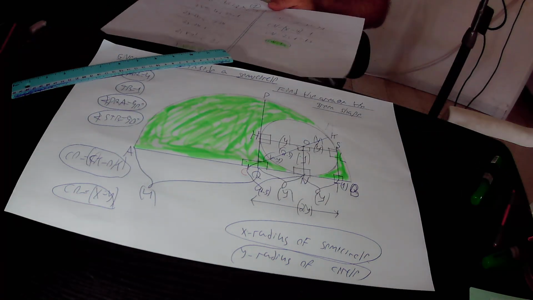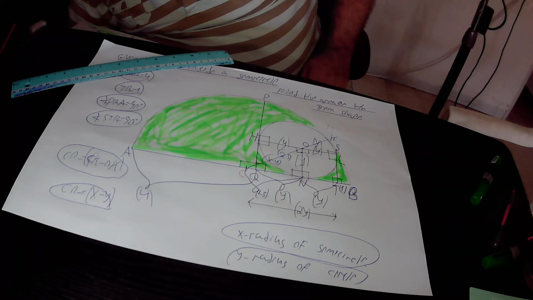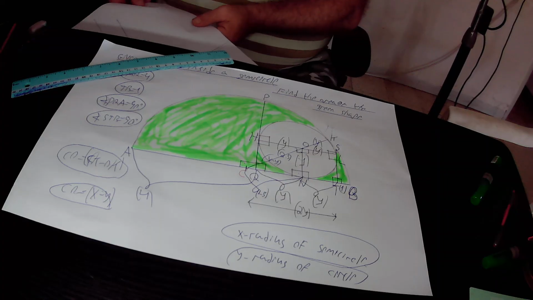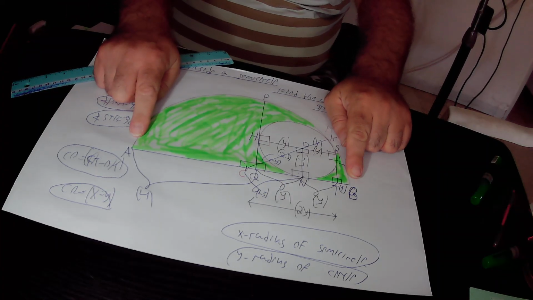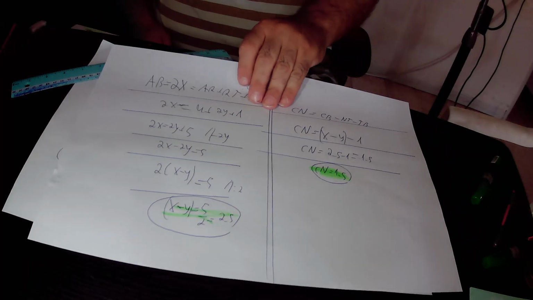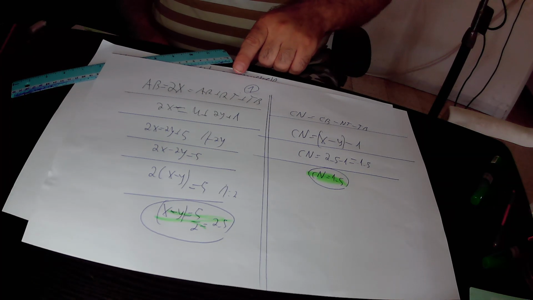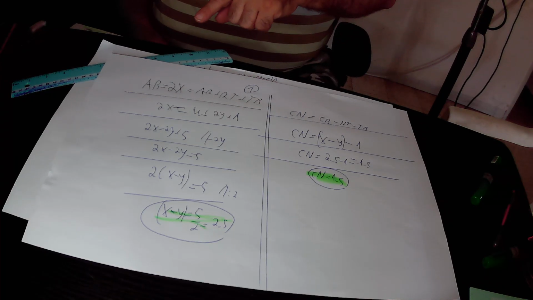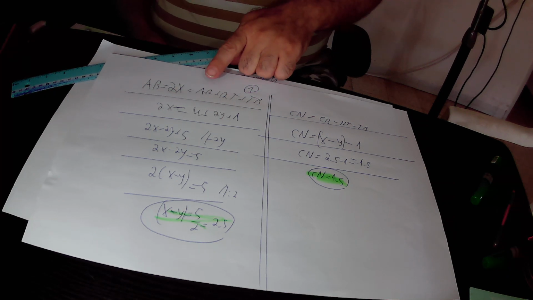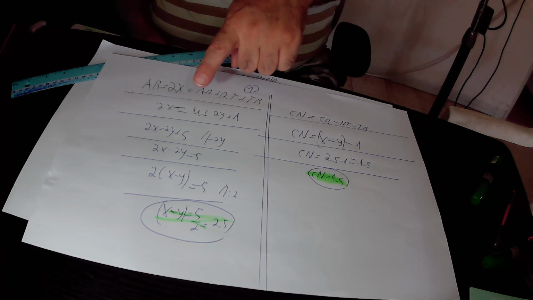But from the other side, AB in total equals AQ plus QT plus TB. AQ is 4, QT is 2y, and TB is 1. So in total, 2x equals 4 plus 2y plus 1. So 2x equals 2y plus 5, since 4 plus 1 is 5.